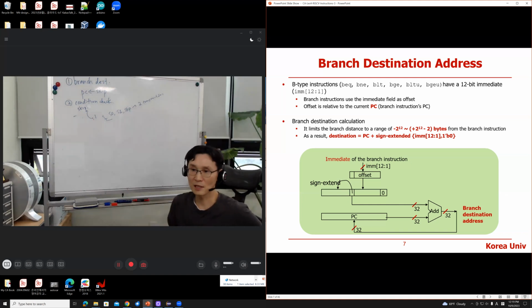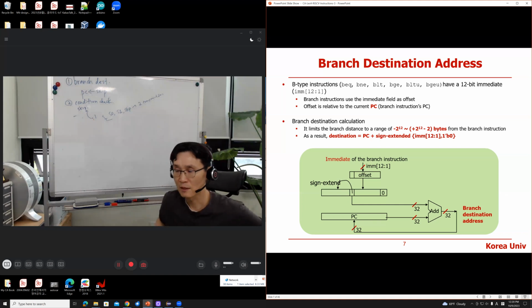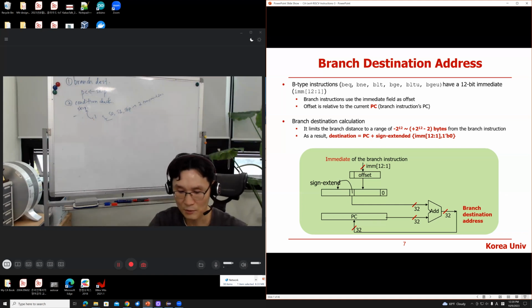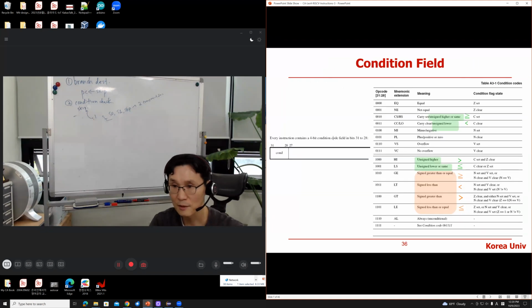The simple thing is unsigned number comparison. The complex one is signed number comparison. But there is a solution. I already told you, right? Number 36. So this is a table you have to refer to and implement that condition.